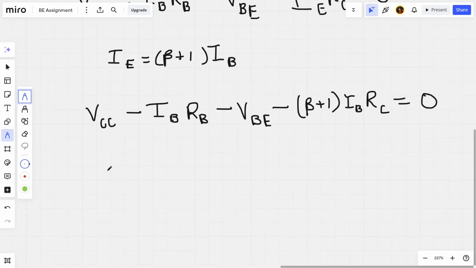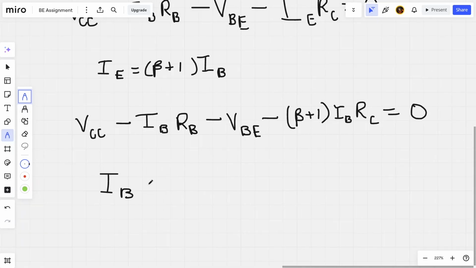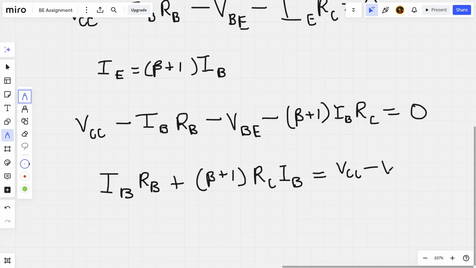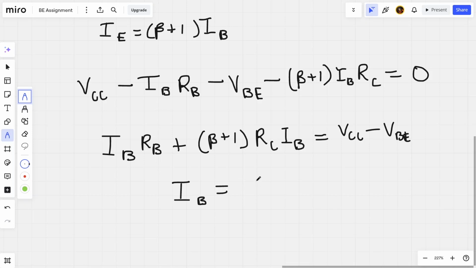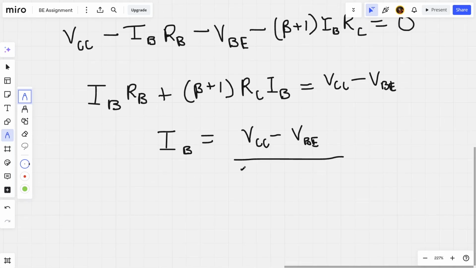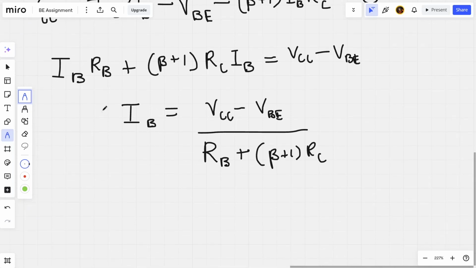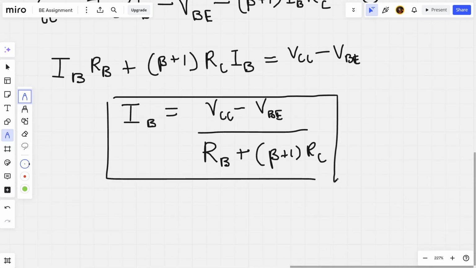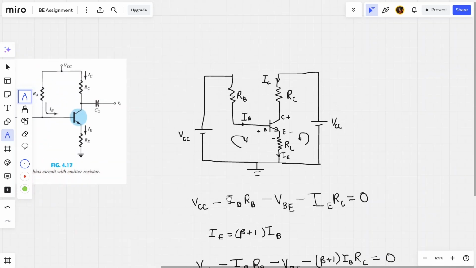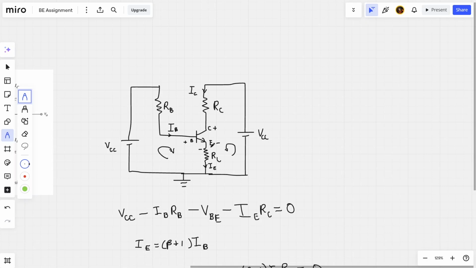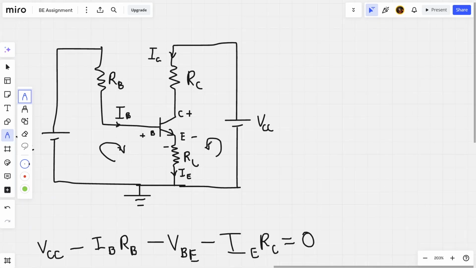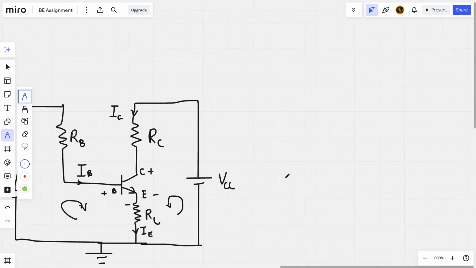Simplifying this equation, we get something like this. So finally we get the value of IB something like this. After simplifying the first loop of the emitter bias configuration, now let's find the value of VCE by applying KVL on this loop. So let's do that.